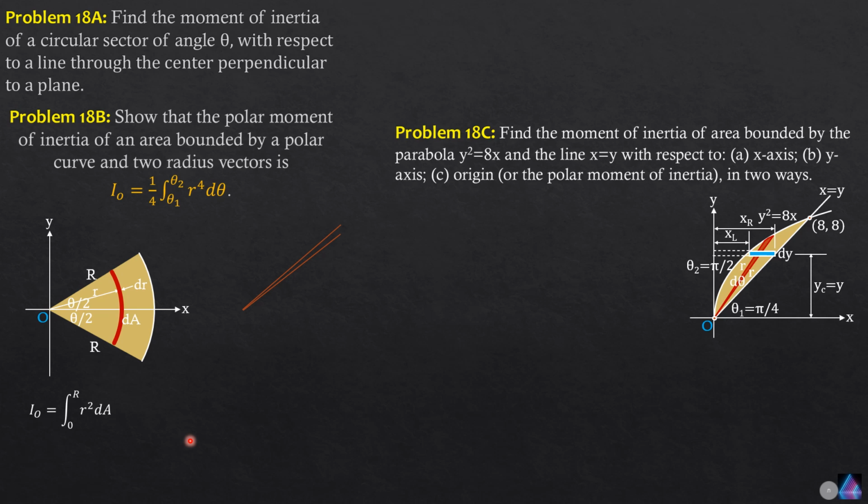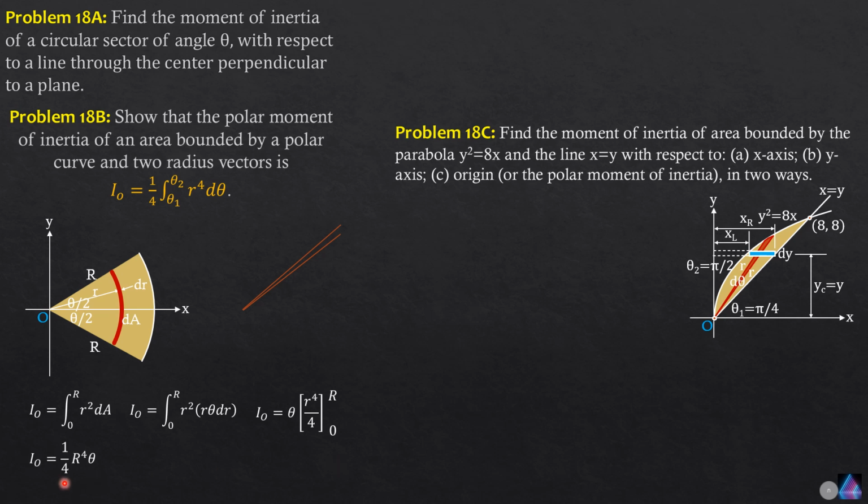And since dA is r theta times thickness dr, and theta is constant, we have to evaluate the integral of r cubed dr, which is r to the fourth over 4. So that would be theta times quantity r to the fourth over 4 from 0 to big R. Finally, we get 1/4 R to the fourth theta.